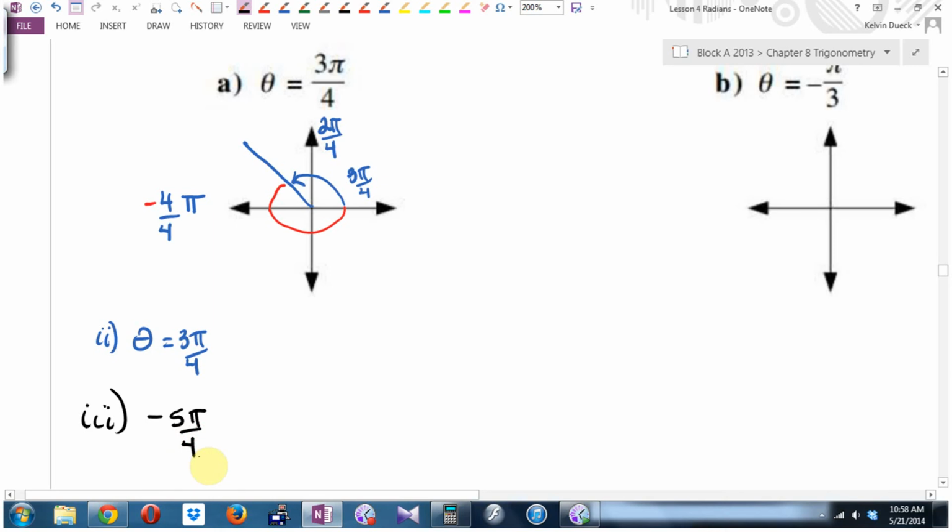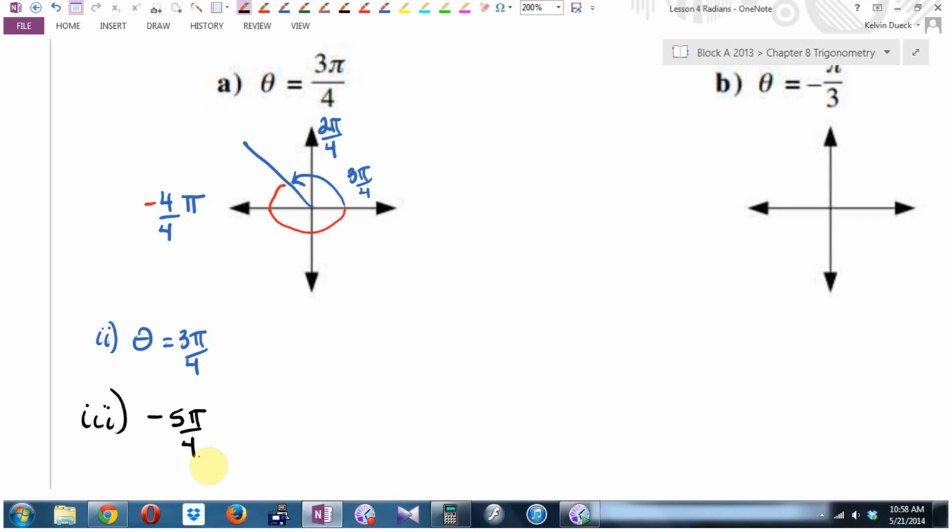Is that okay? How could I find the other one? How did we find coterminal angles in degrees? What did we add or subtract? It's on your quiz. You guys are in trouble. What did we add or subtract to find coterminal angles? 360. 360 degrees.